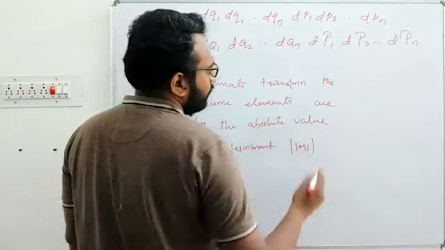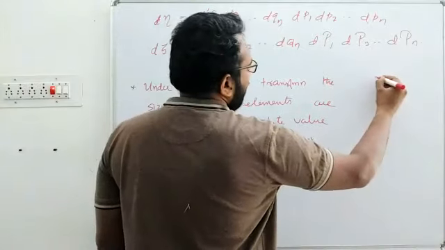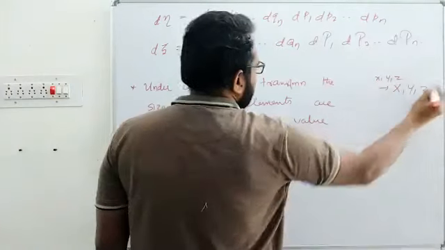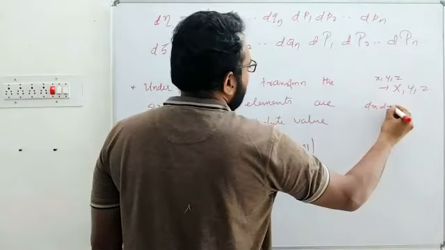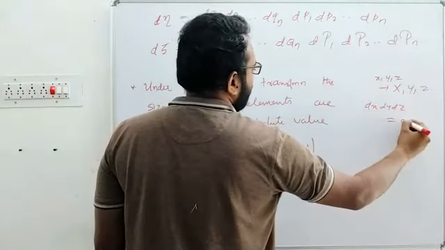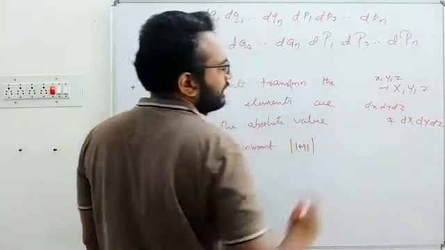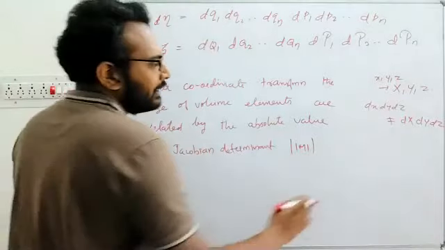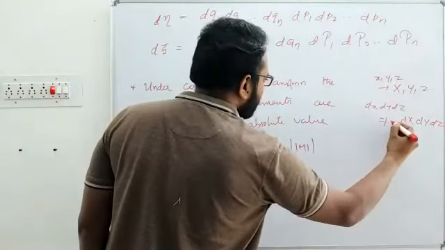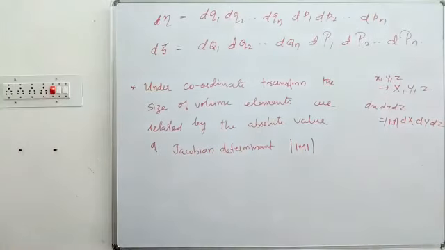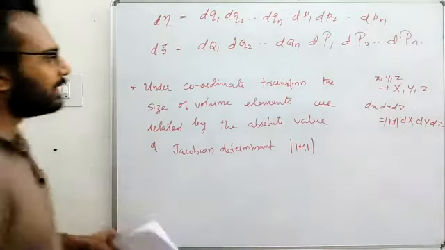So when we go from, for example, x, y, z to capital X, capital Y, capital Z, dx dy dz is not directly equal to dX dY dZ. This is true only if the Jacobian is 1. There's actually something else sitting here, known as the absolute value of the determinant of the Jacobian matrix. What's the Jacobian matrix in this case?